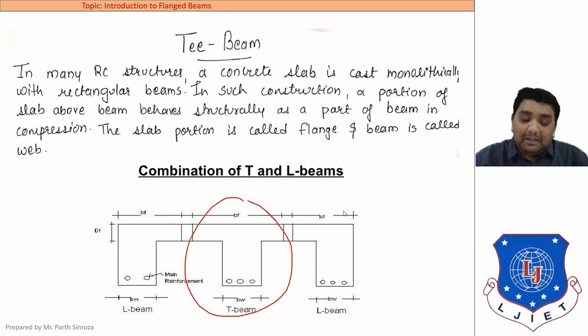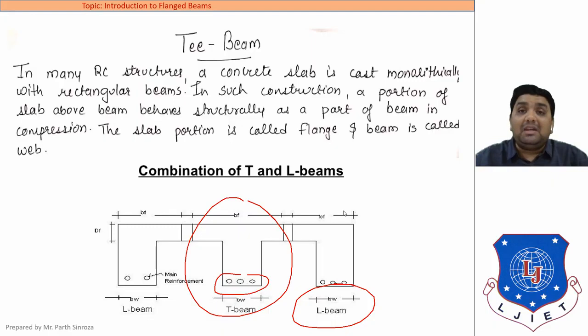The steel bars are provided in the tension zone, and the left-hand side and right-hand side portions are termed L-beams, also called corner beams. So the intermediate beams will be our T-beams and the end beams will be called L-beams. Both functionalities are the same. The upper portion is the slab while the vertical portion is the beam.